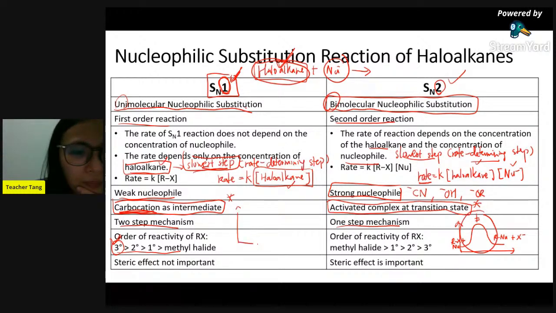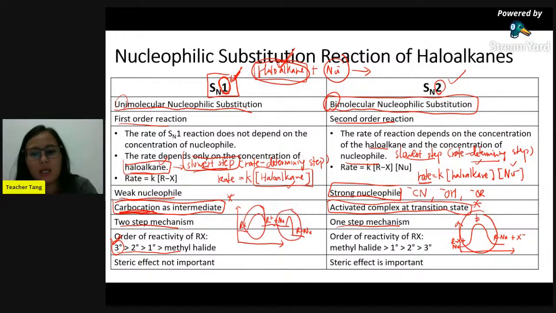In step number 1, you have your haloalkane, and it will form the carbocation. Then the carbocation will react with the nucleophile, and only then give you the product. So can you see two steps? That is what it meant.